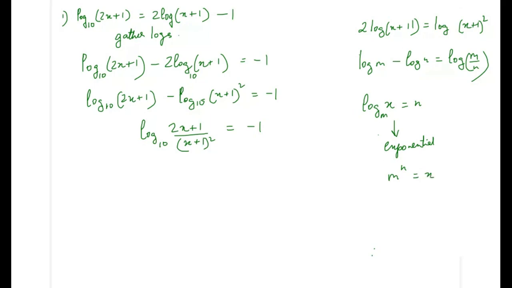These two are the same equation in different forms. So here m is 10, so 10 to the power of minus 1 is equal to 2x plus 1 over x plus 1 the whole squared.